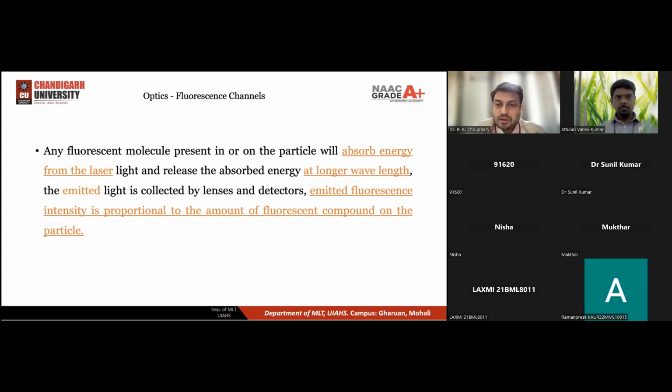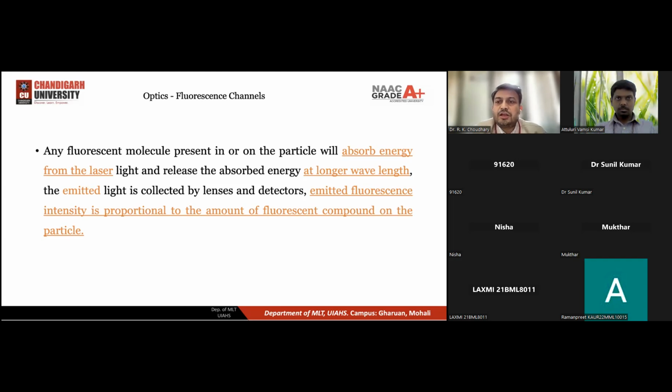Working with the software is also one of the important things, how you work on the software, and how you do cell sorting. These are the things we have to know. This needs expertise. Basically in fluorescence, this fluorescent color dye binds with the molecules.